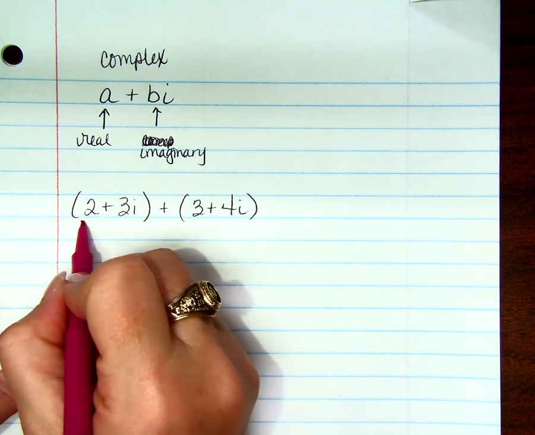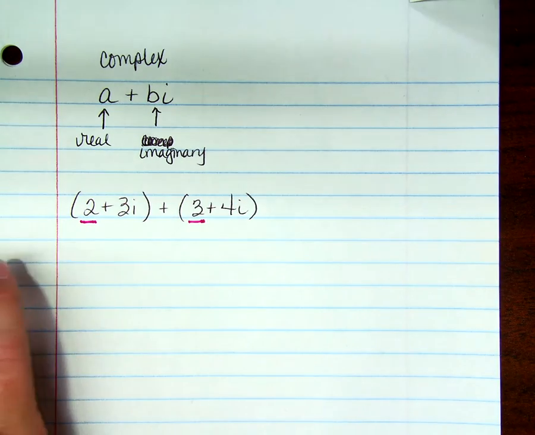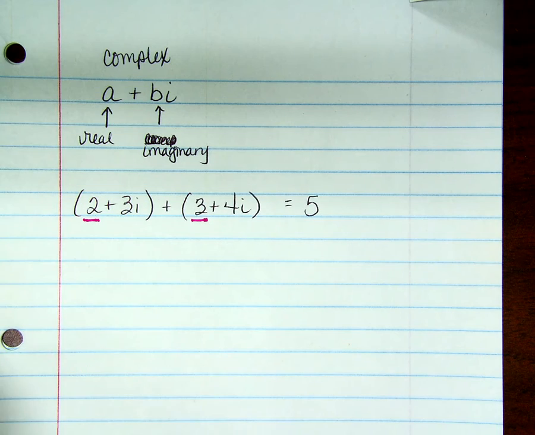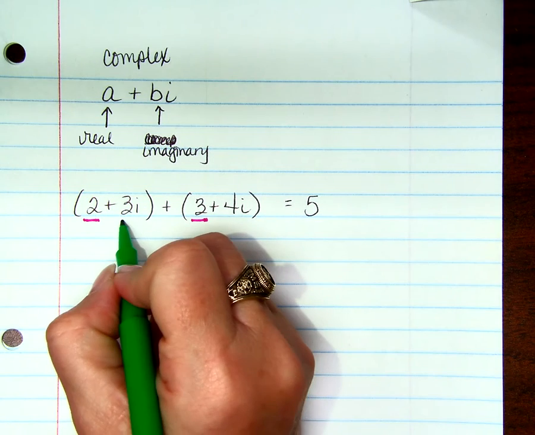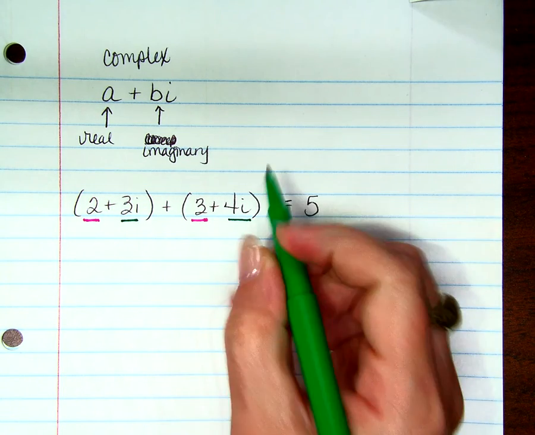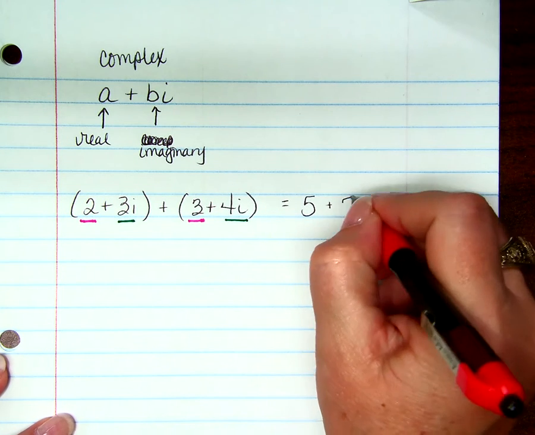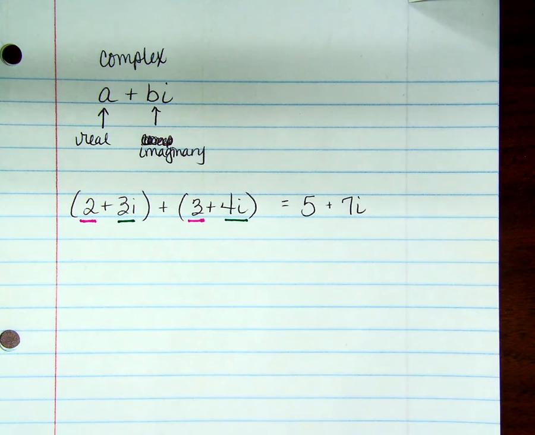So I do want to combine the 2 and the 3 to make 5. And I do want to combine the 3i and 4i to make 7i. Done. So you're just grouping it? Yeah. Grouping real and grouping imaginary. That's exactly right.